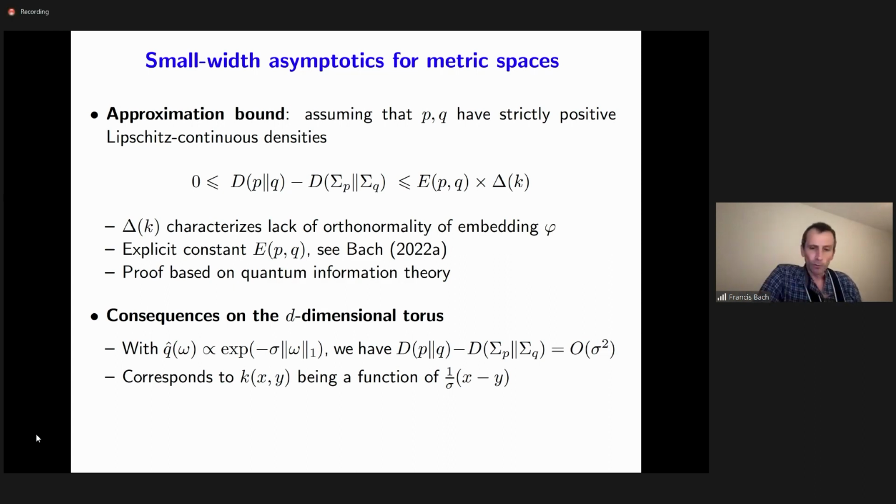In a sense, that's normal because when sigma goes to 0, x minus y over sigma will tend to infinity, and since k is typically decaying, the kernel will be either 0 if you're different and 1 if you're equal. So when sigma goes to 0, typically taking a Gaussian kernel, you end up going closer to orthonormal embeddings.